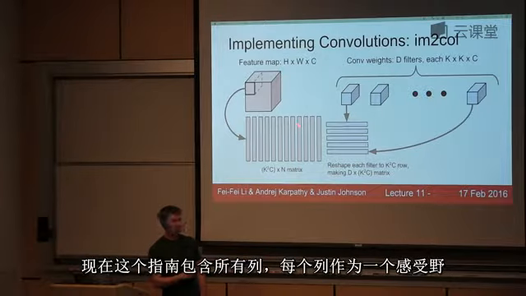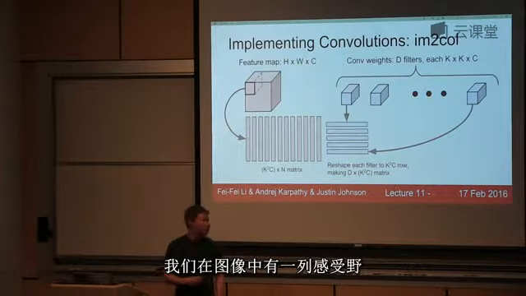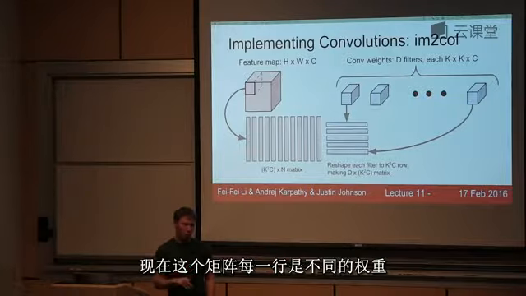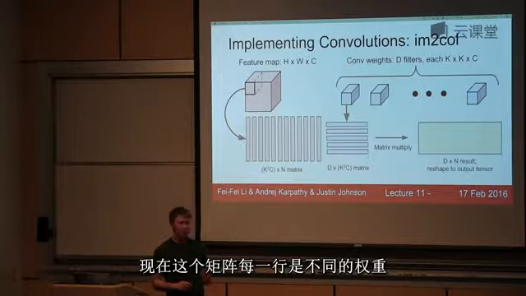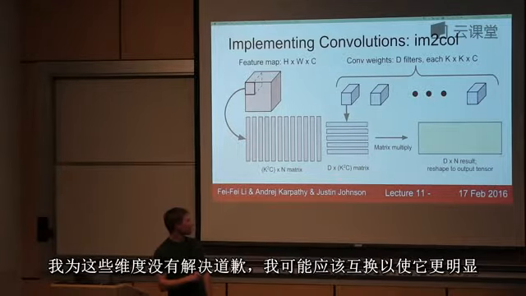Now this guy contains, each column is a receptive field, and we have one column per receptive field in the image. And now this matrix has each row as a different weight. So now we can easily compute all of these inner products all at once with this single matrix multiply. I apologize for these dimensions not working out.